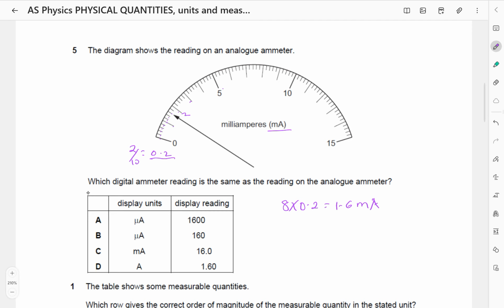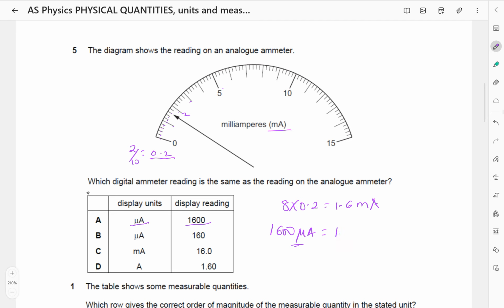So now we can check. They are saying 1,600 microamperes. When I remove the micro, I multiply by 10 power negative 6.